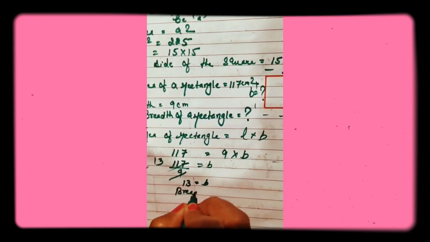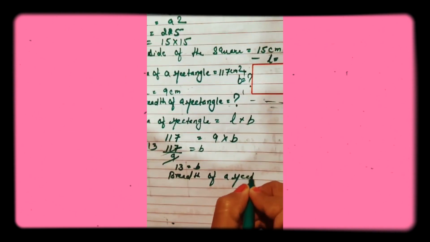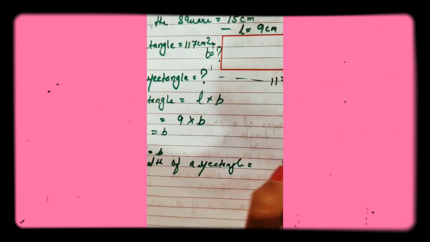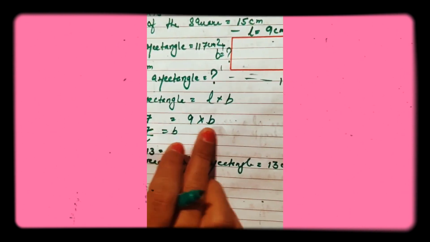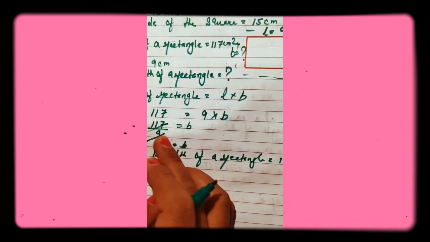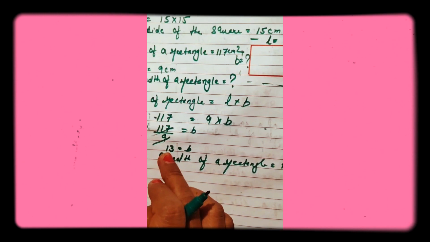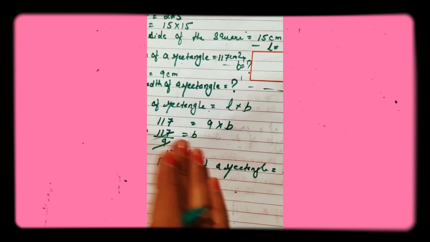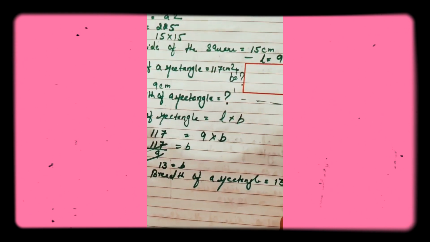Breadth of a rectangle equal to 13 meter. Understood? Simply because it is not possible to change their sign, we have to give the divide process. So 9 table we have to divide 117, 13 times. 13 is your breadth. Only you have to just change their place and you have to write breadth of a rectangle equal to 13 meter.